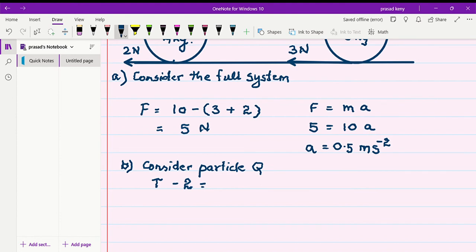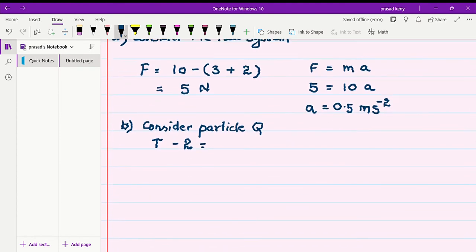And that is equal, by Newton's second law, to mass of the particle 4, times the acceleration. Since the string is inextensible, both the particles are accelerating at the same rate of 0.5, and this is how the modeling assumption that the string is inextensible is helping me. So T minus 2 is equal to 4 into 0.5, that is 2. And hence T is equal to 2 plus 2, that is 4 Newton.